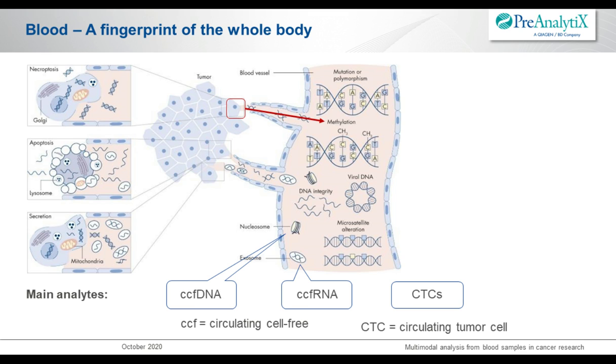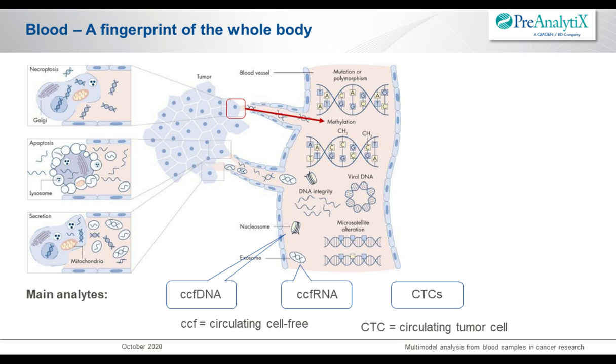The third process that I want to mention here is the secretion process, where the cell is not dying but actively secreting some compounds into the bloodstream, mainly extracellular vesicles, which are mainly called exosomes, and these exosomes mainly contain circulating cell-free RNA.